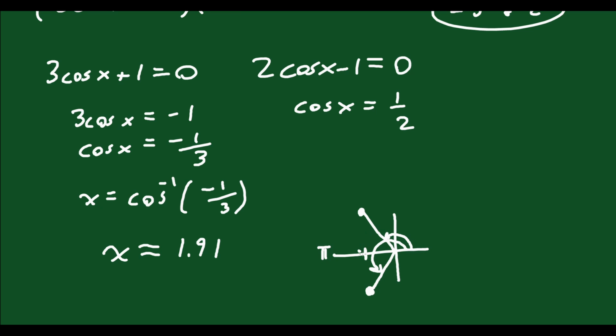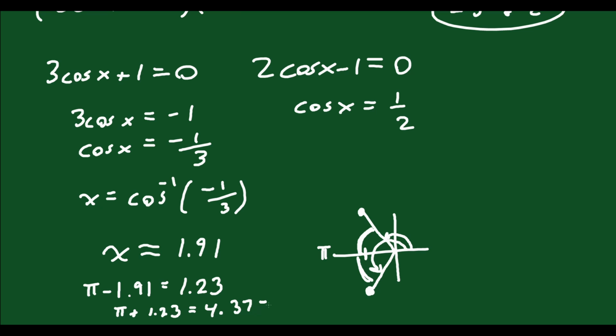So if I find this difference here, I could add that to pi to get to the new angle. So pi minus 1.91 gives me the difference here. Pi minus 1.91 is about 1.23. And then if you add that number to pi to get to this new one here, pi plus 1.23, you're going to get about 4.37.